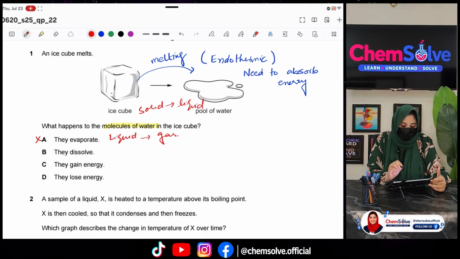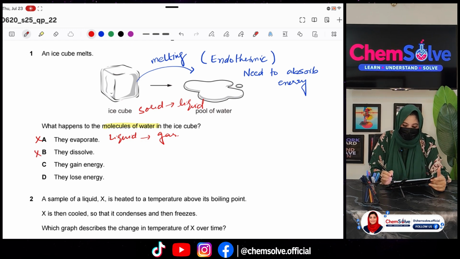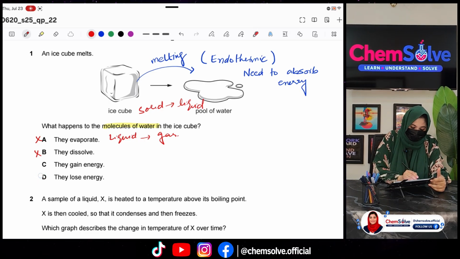So option A is incorrect. They dissolve, nothing is going to dissolve here. They gain energy, yes, we have just discussed it needs to absorb energy. So option C seems to be correct. But look at option D, they lose energy, not at all. So the correct option for question number 1 is option C.